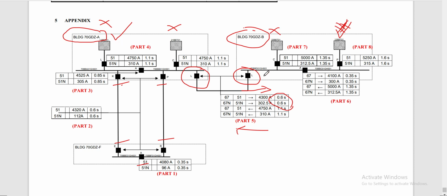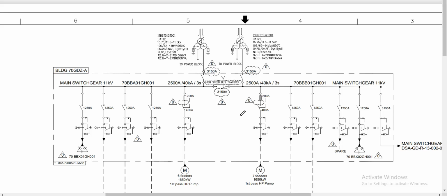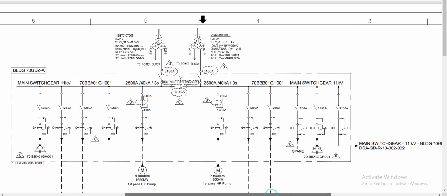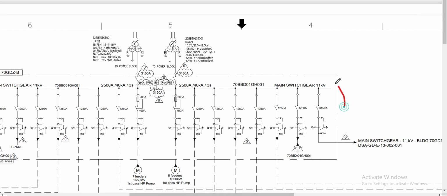So we can check this cross-tie feeder from our actual single line diagram. The location of our cross-tie feeder for building A is this area here. Building A main 11 kV switchgear is connected to building B from this feeder also.